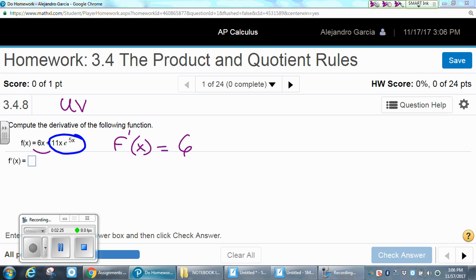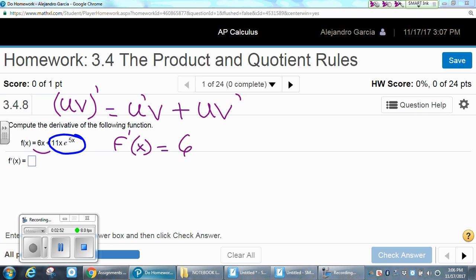Instead of using f and g, I'm going to use that. And if you take the derivative of that, it's going to be the derivative of u times v plus u times the derivative of v. The reason I like that notation is because the function is already called f, so I don't want to have a lot of f and g.